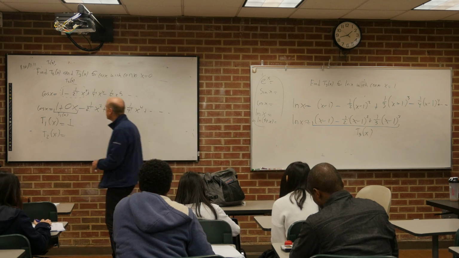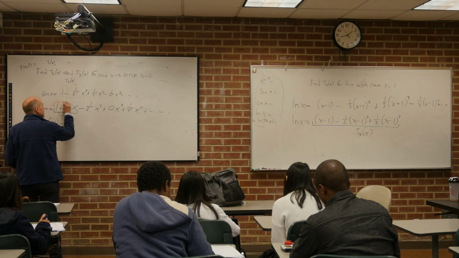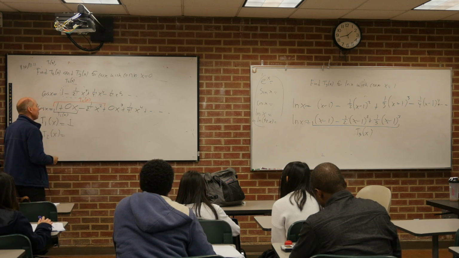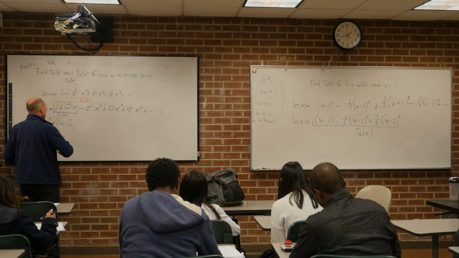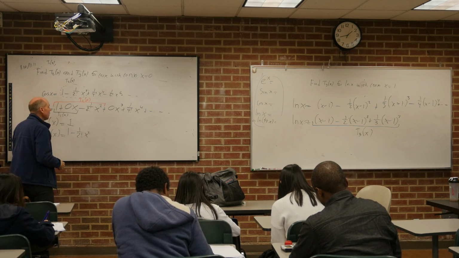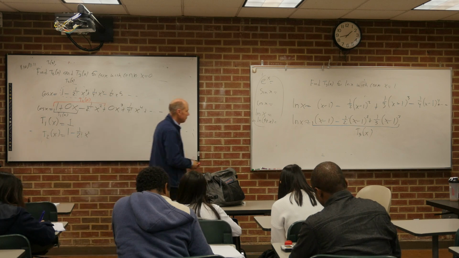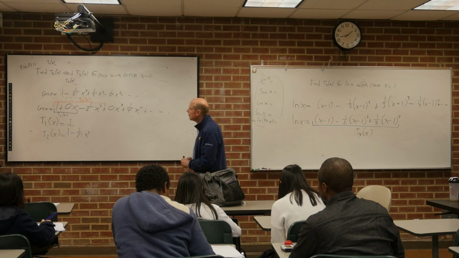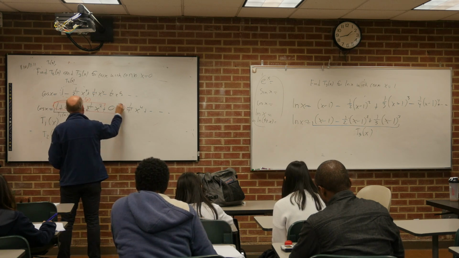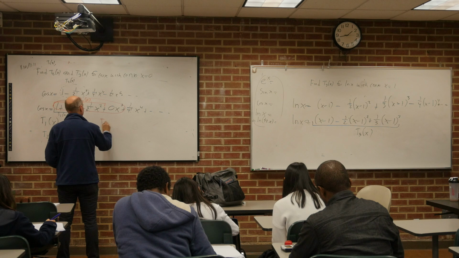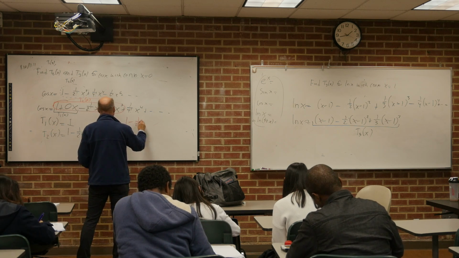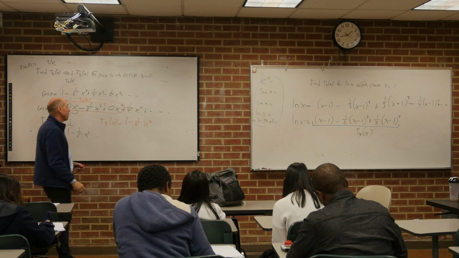T2 of x is this part, 1 minus 1 over 2 factorial x squared. And then T3 of x is the same thing.